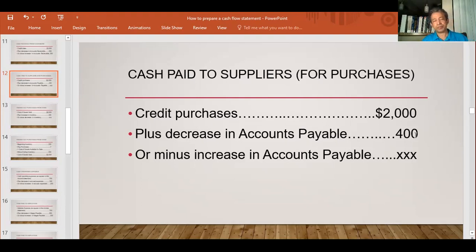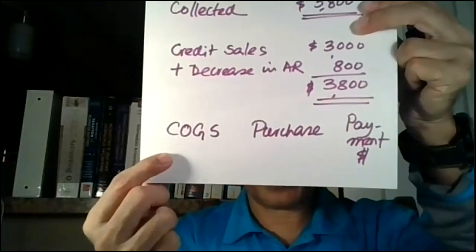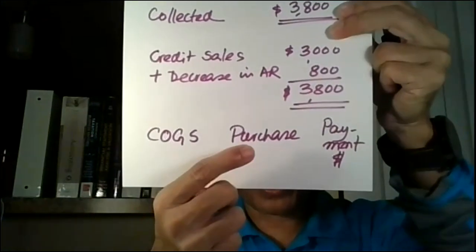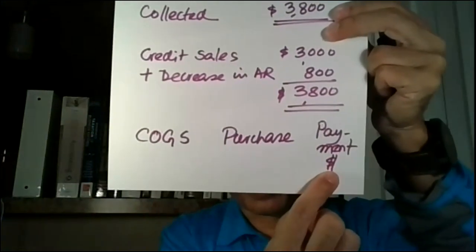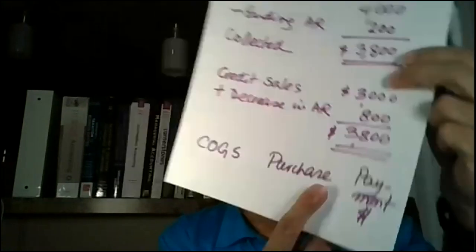See carefully. So three things. We start with cost of goods sold. Using cost of goods sold, we get to purchases, and using purchases, we get to payment for purchases or payment to suppliers.